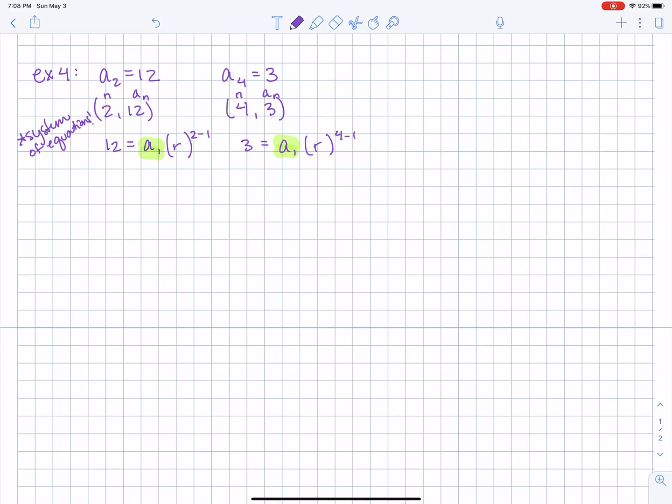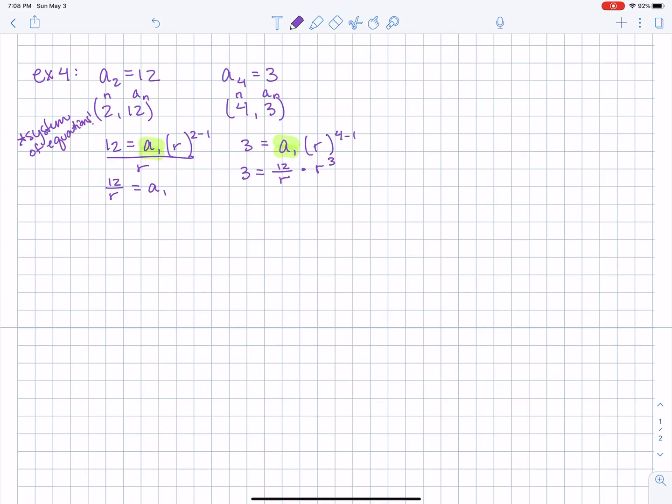I can just divide by r on this guy, which leaves me with 12 over r is equal to a sub 1. Okay, great. Now I'm going to replace it in my other equation. So 3 is equal to 12 over r, but I'm also going to rewrite this as r cubed.